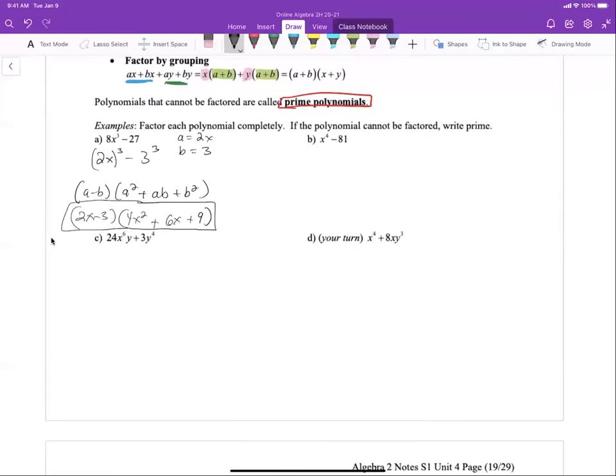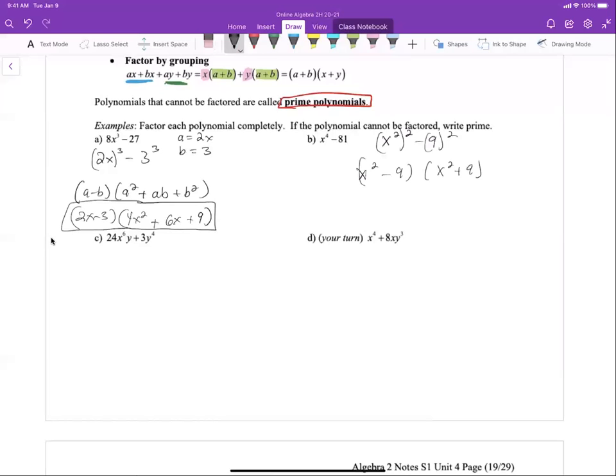All right, how about this one? Notice in b, it's x to the 4th. That's an even number, definitely not a multiple of 3, which should give you an indication that it's probably going to be squares. So x squared squared minus 9 squared. So it's the difference of 2 squares. And so I have x squared minus 9 times x squared plus 9.